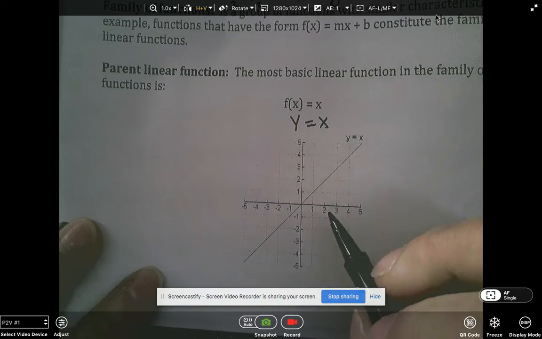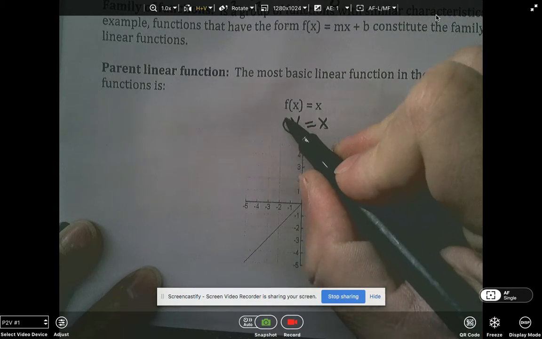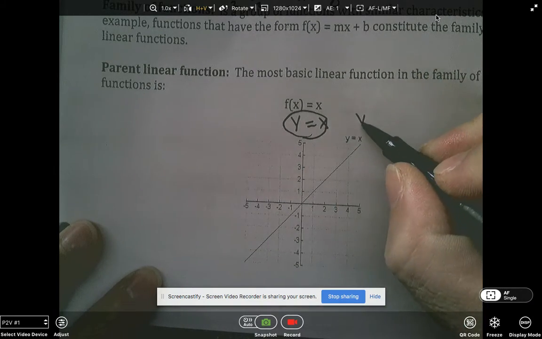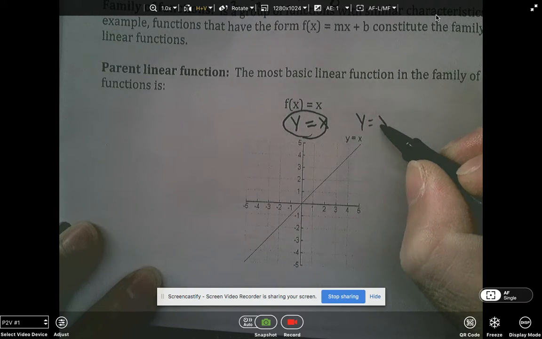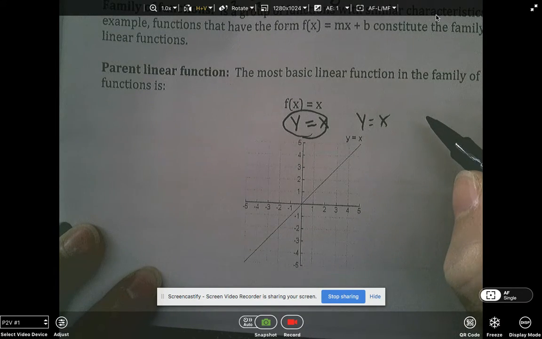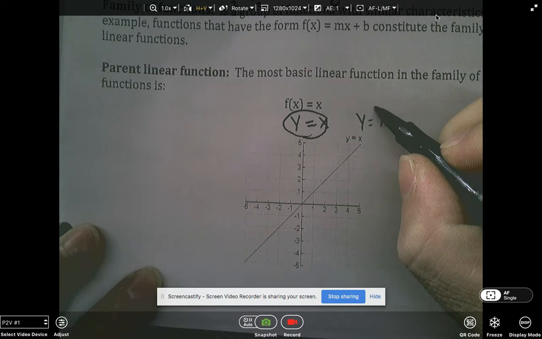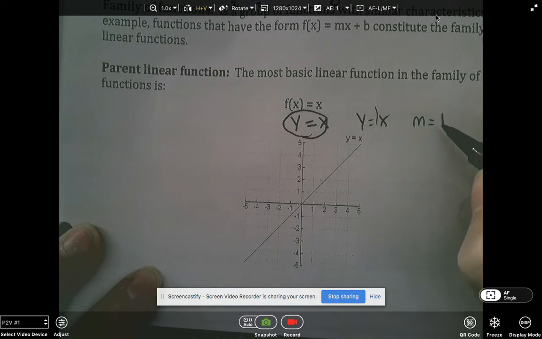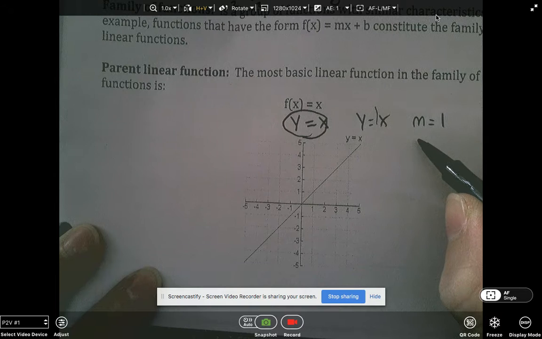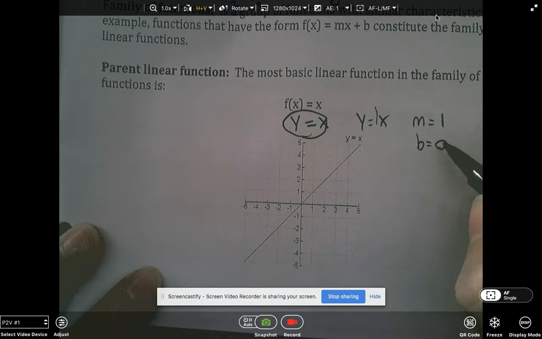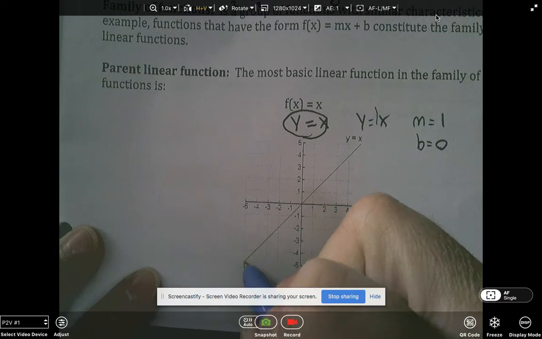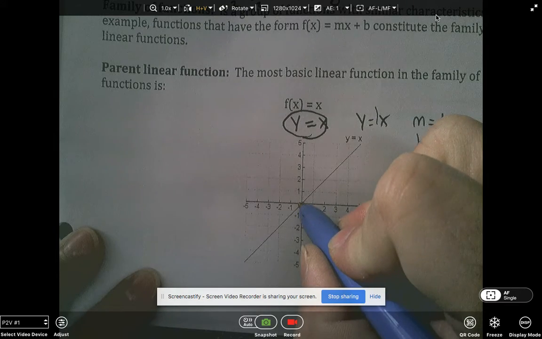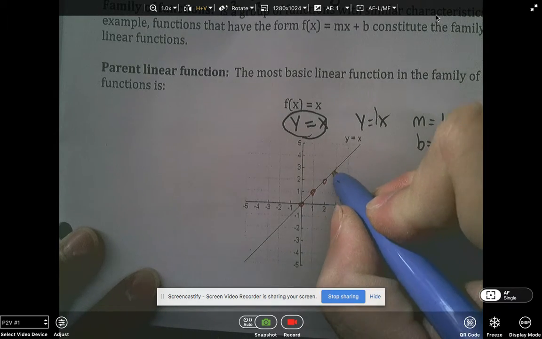If you look at this equation, y equals x, what's the slope? Hopefully you said 1. And what's the y-intercept? Hopefully you said 0. So the most basic linear function, the parent function, just starts at 0, 0 and goes up 1 over 1.